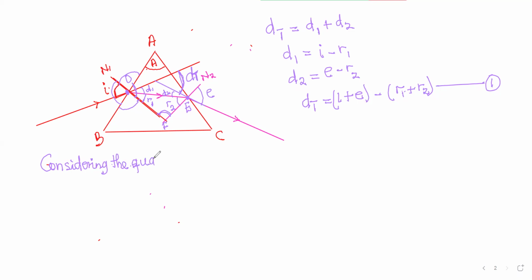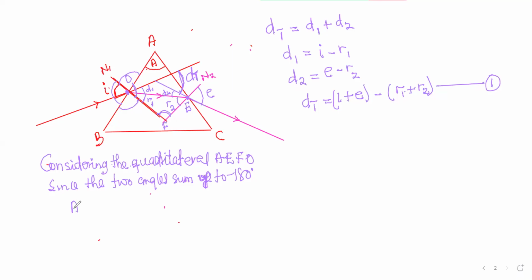Okay. So considering the quadrilateral A, E, F, O. Since the two angles sum up to 180 degrees, it means that the angle A plus the angle at F, angle OFE, must also be equal to 180 degrees.